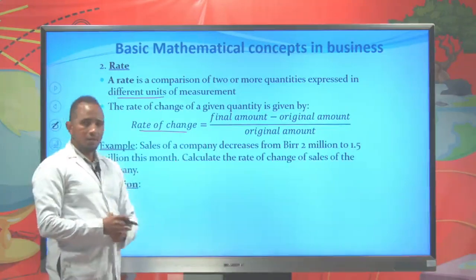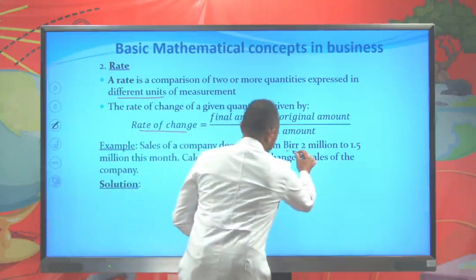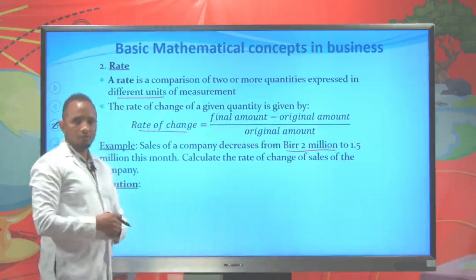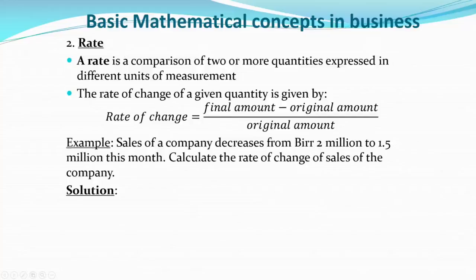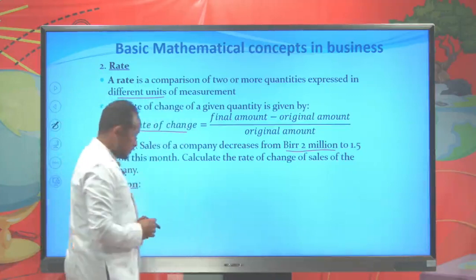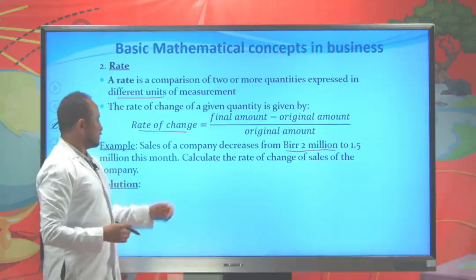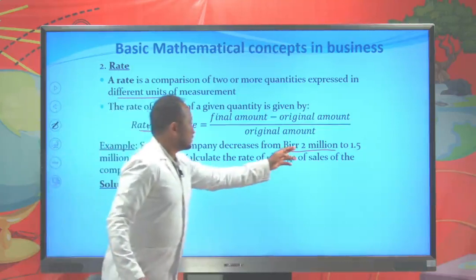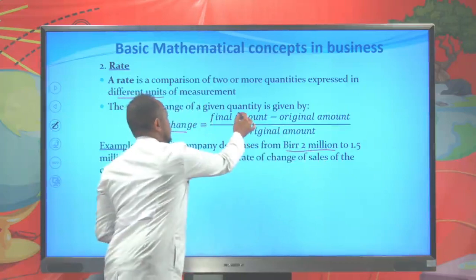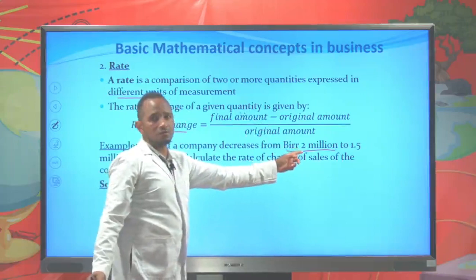Sales of a company decrease from 2 million birr to 1.5 million this month. Then calculate the rate of change of the sales of the company. So to find the rate of change, the final amount is 1.5 and the original amount is 2.